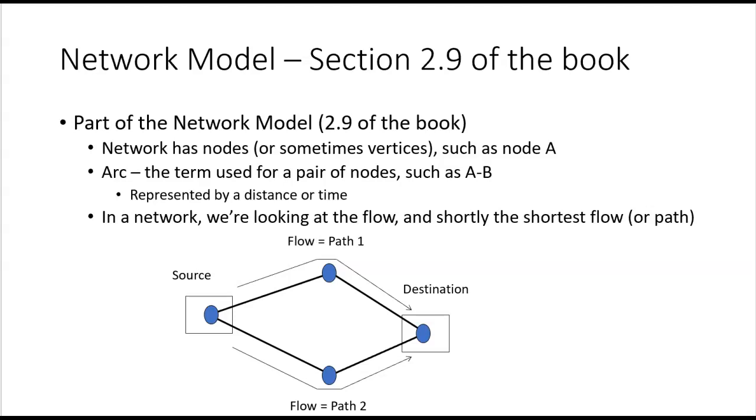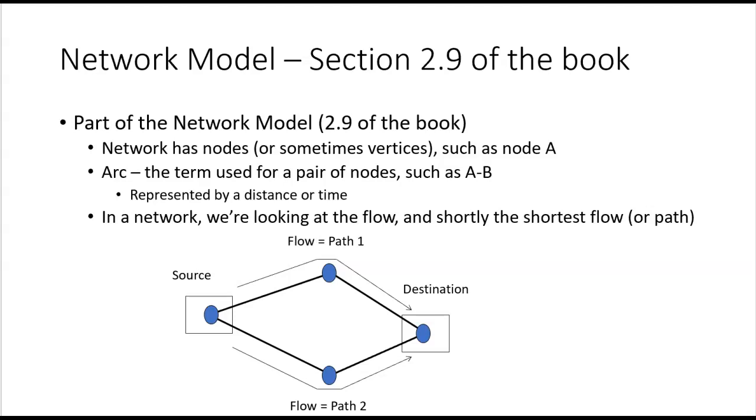Under the source item there on the left, you might call that item A, and up top where it says flow equals path 1, you might call that item B. So you'd have node A at the source, node B at the top of this diamond, and in between, that line would be known as an arc.